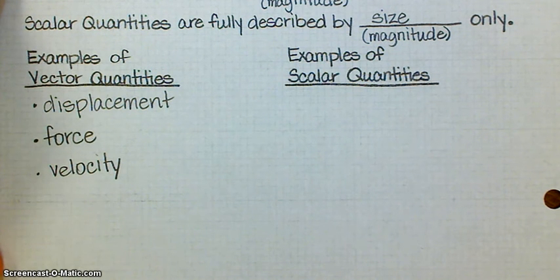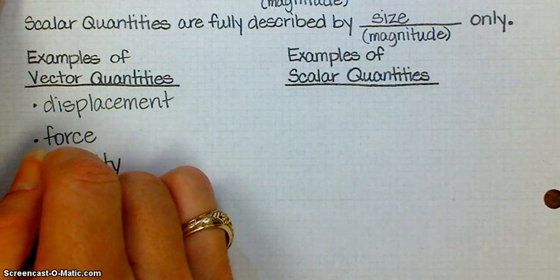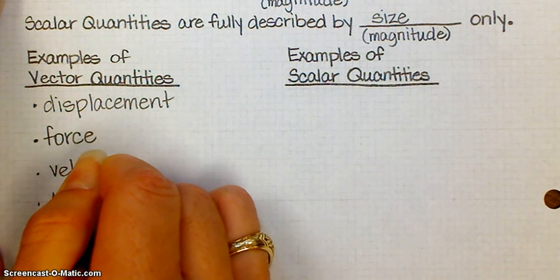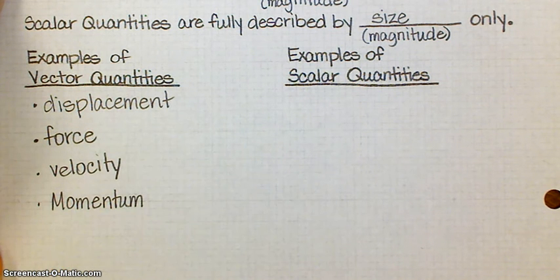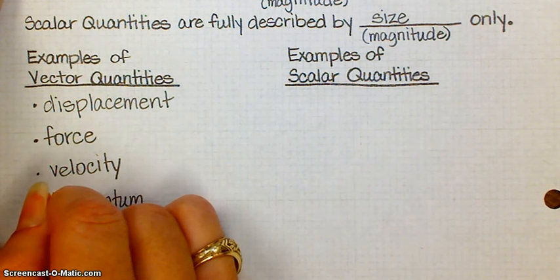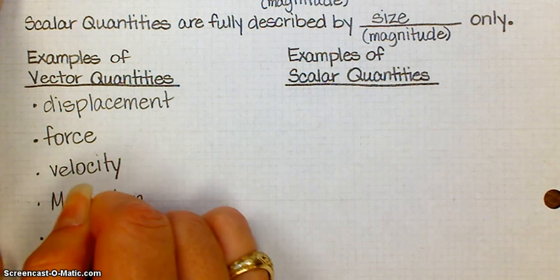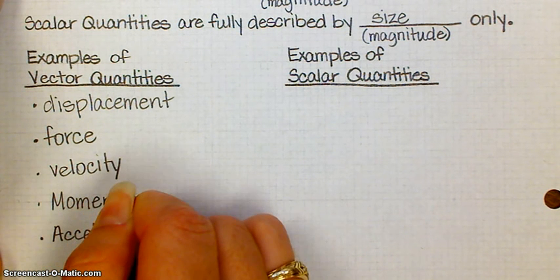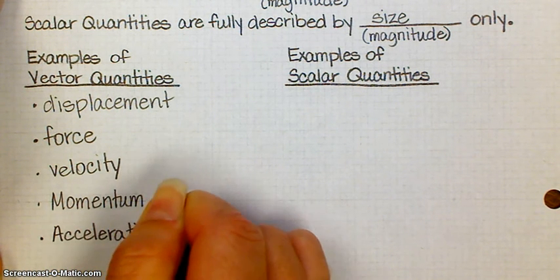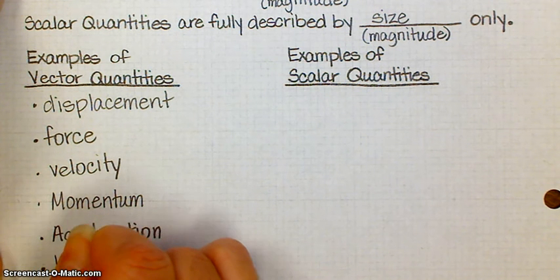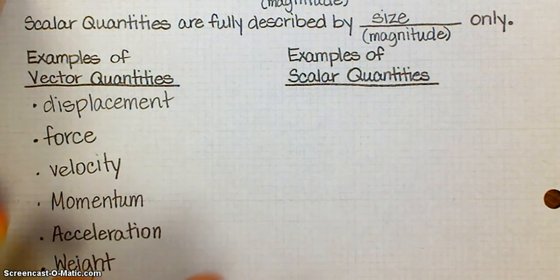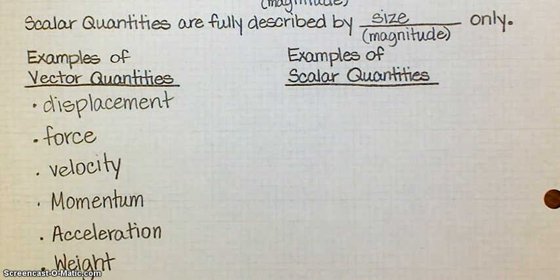Some other ones. Momentum. We don't really do momentum in here, but momentum is like mass and velocity together. What else? Acceleration is a vector quantity. It matters which way it's oriented. Weight. Which way is weight always oriented? Straight down towards the center of the earth, because it's the earth pulling on you, right? Okay.